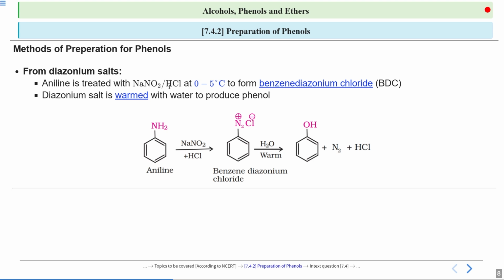So look at this reaction. In this reaction, first we have an aniline. And when aniline is treated with NaNO2 in presence of HCl, we get benzene diazonium chloride. That is BDC. Now you must have studied how from a primary amine we will get a diazonium chloride.